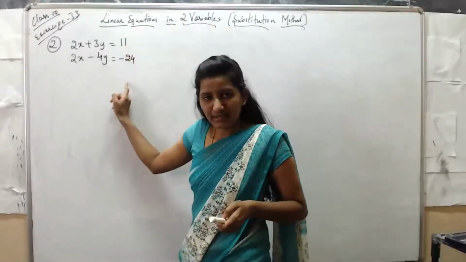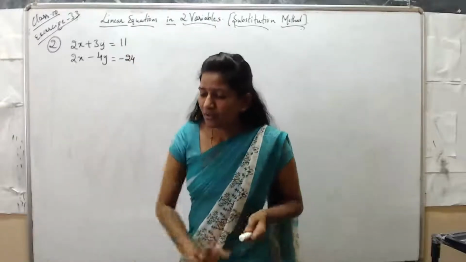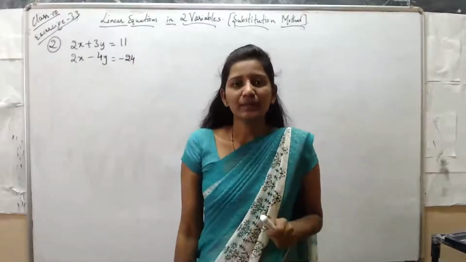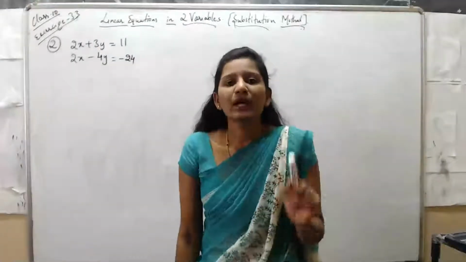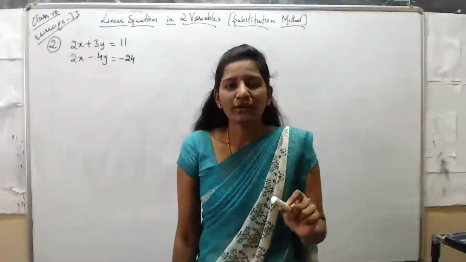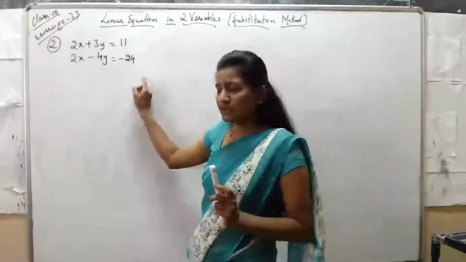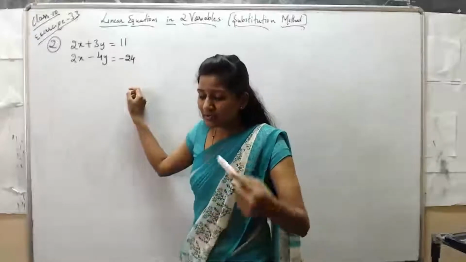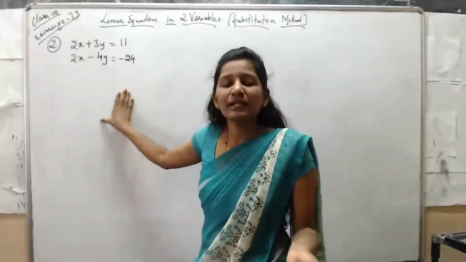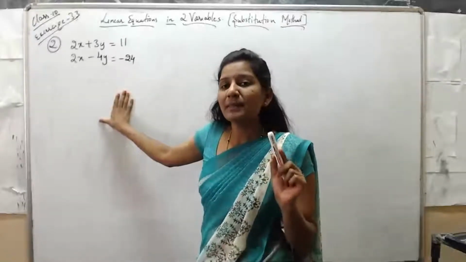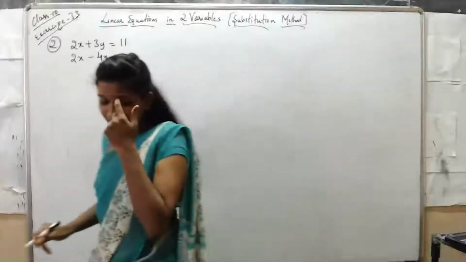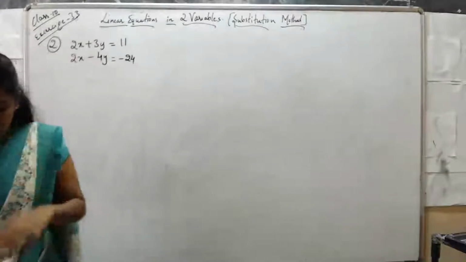Those x and y values should be put in y is equal to mx plus 3. Then you will get the m value. Understood? Solve these two, you will get x and y value. Put those x and y in y is equal to mx plus 3. You will get the m value. M is nothing but slope. Okay. So shall we solve now?